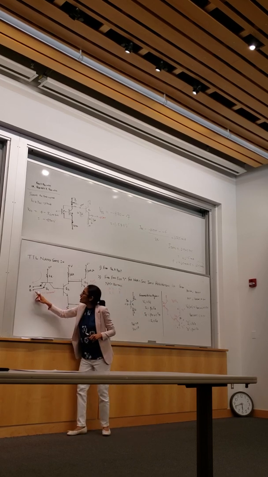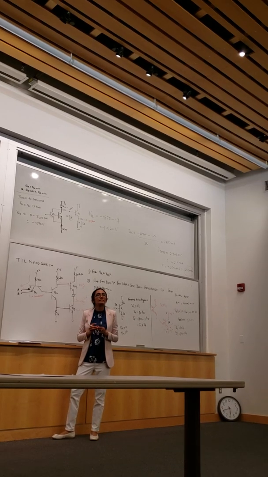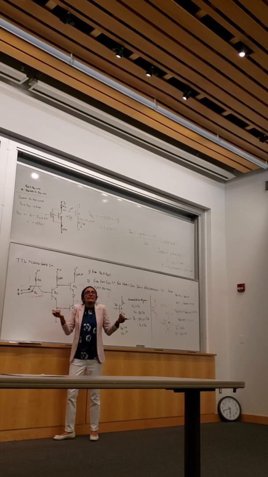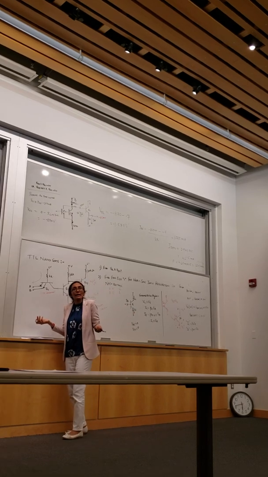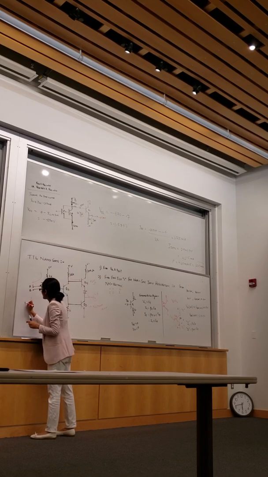What happens if one of them is low? So current going, still the same configuration, right? Because if this is high, this diode is reverse biased. The current here, I have 2 paths here, right?